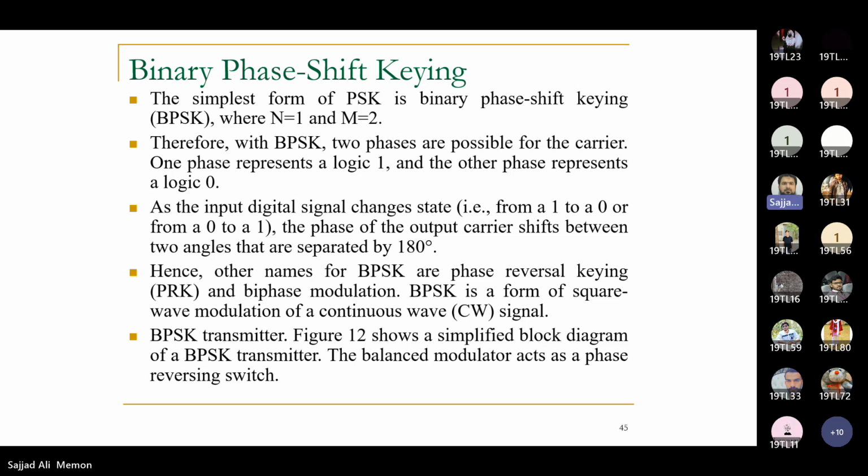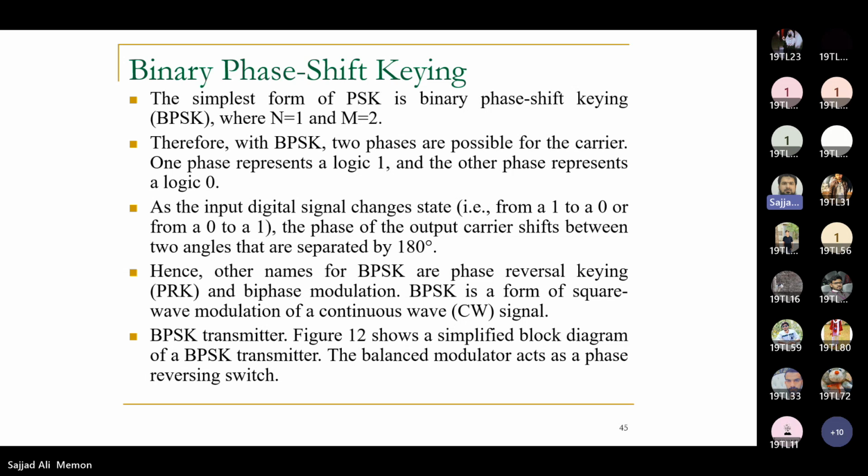So the simplest form of PSK is binary phase shift keying, that is BPSK, where n is equal to 1 and M is equal to 2. Therefore, with BPSK, two phases are possible for the carrier. One phase represents a logic 1 and the other represents a logic 0.